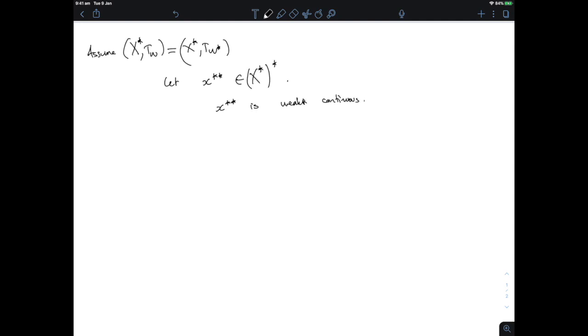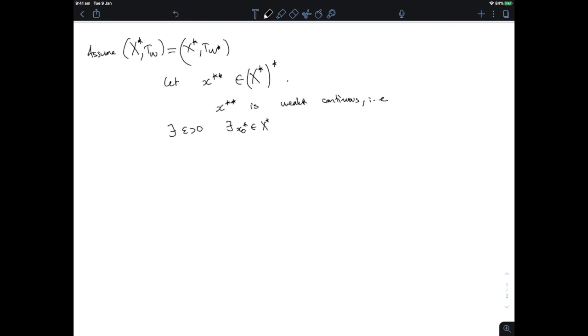Right. Now, what does that mean? That means that there exists an epsilon, well, as a particular consequence, and there exists an x naught star in X star.